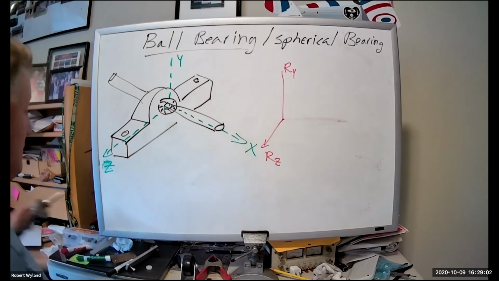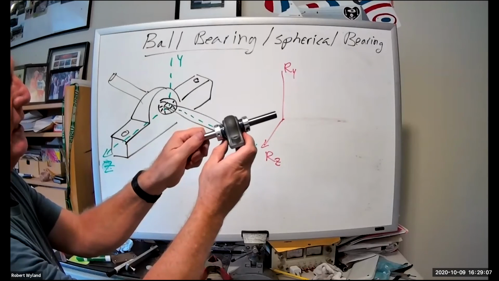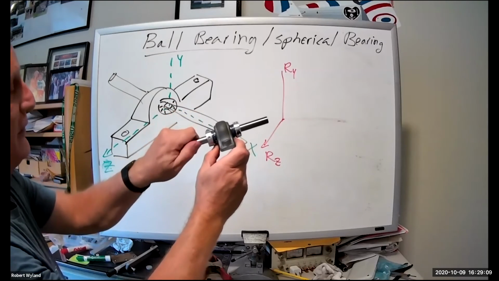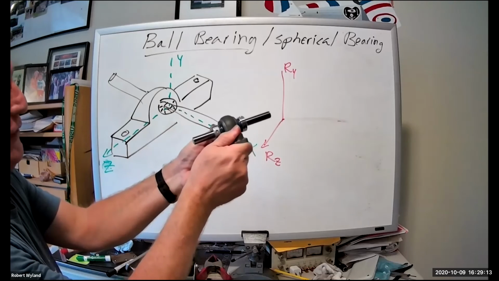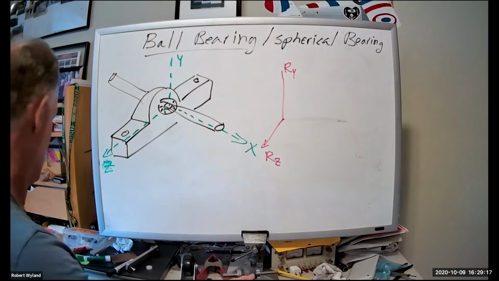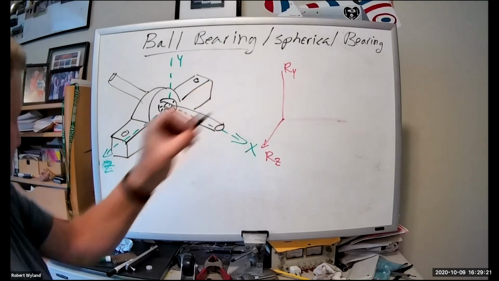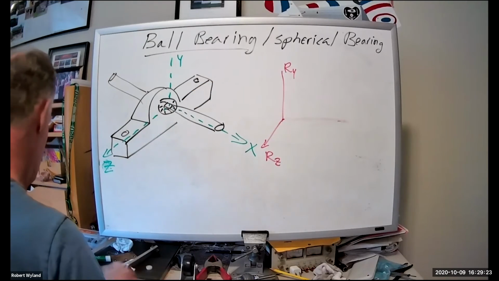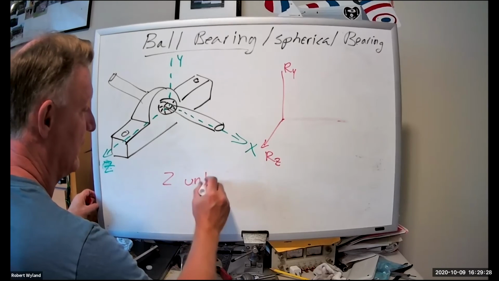When you design with a rigid or non-spherical or plain journal bearing, any moment that's in this shaft is going to be translated into your substructure that the pillow block is mounted to. And so there's a huge advantage to having a spherical bearing in use. So we only have two unknowns.